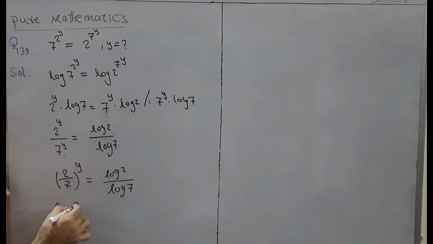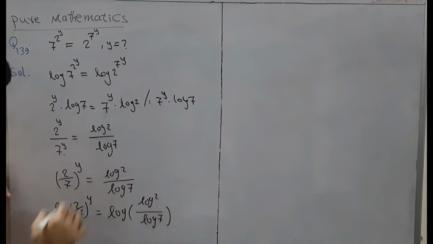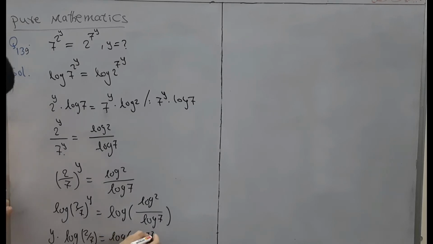Log (2 over 7) whole to the power y is equal to log 2 over log 7. Now we can write y into log (2 over 7) is equal to log 2 over log 7.